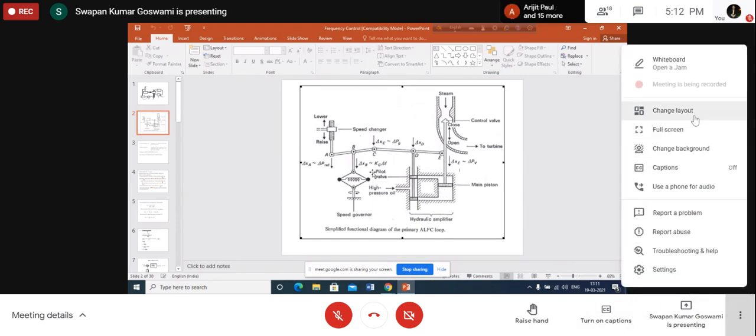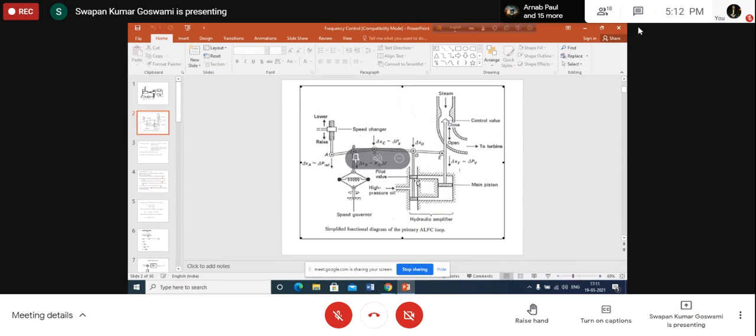Sorry. So what is happening? When D is moved up, an opening will be created here. As a result, from this chamber, oil will be entering into this main piston. So the main piston will move down, and oil from here will come out through these spaces below this pilot valve. Now how much will be the movement of E?